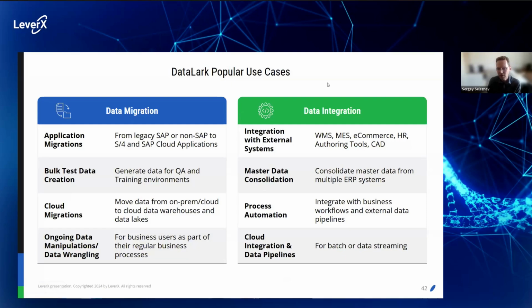As you can see from the list, DataLark can cover a wide range of cases, starting from the general application migrations, for example, from SAP ECC to S/4HANA private or public cloud, migration to SAP cloud applications such as SAP PLM, and also more advanced cases such as integrations with external warehouse management systems, e-commerce platforms, MES systems, and so on.